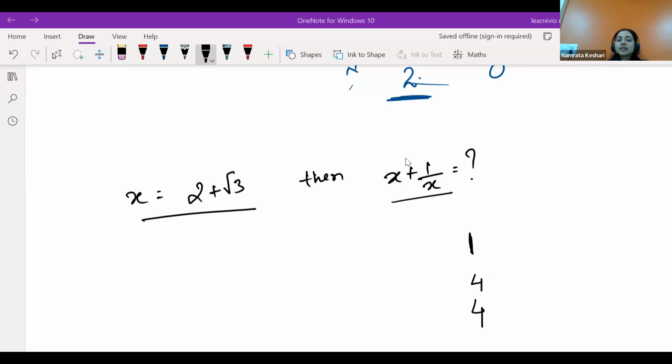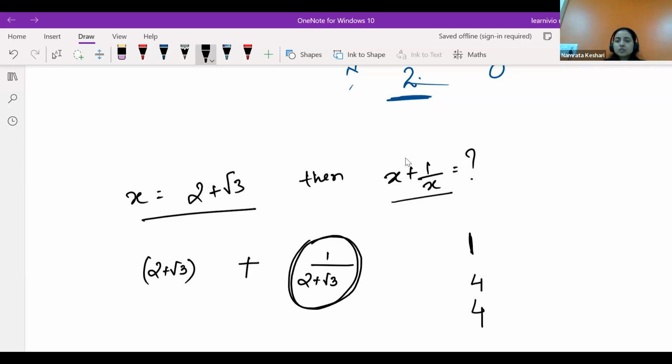X plus 1 by x, that means x is 2 plus root 3, and 1 by x will be 1 by 2 plus root 3. And then we are supposed to add these two. But this looks like we can do the rationalization over here separately. Have we learned the concept of rationalization?